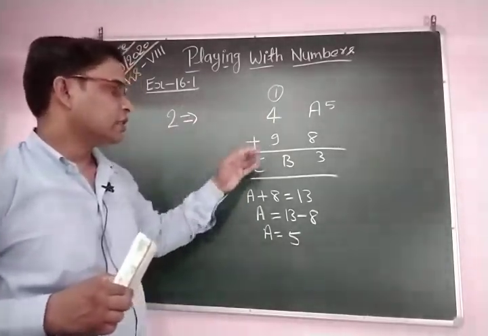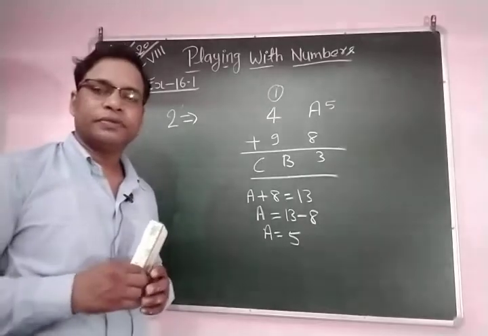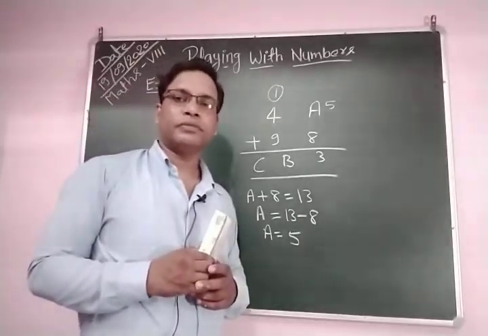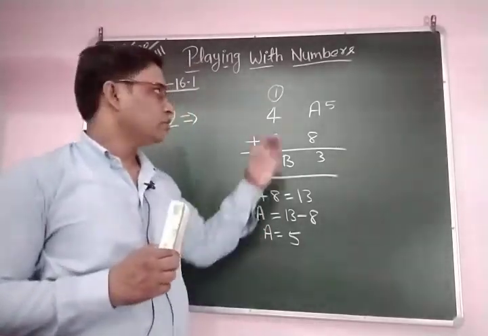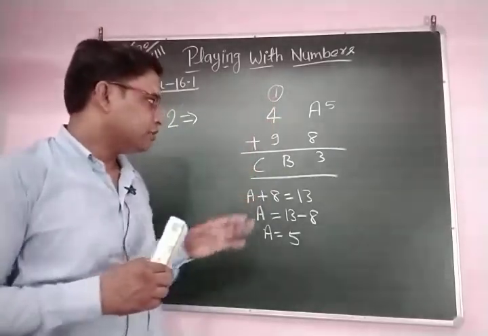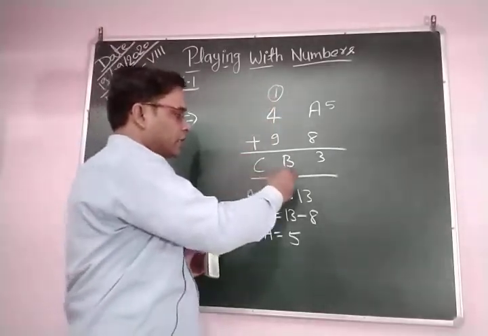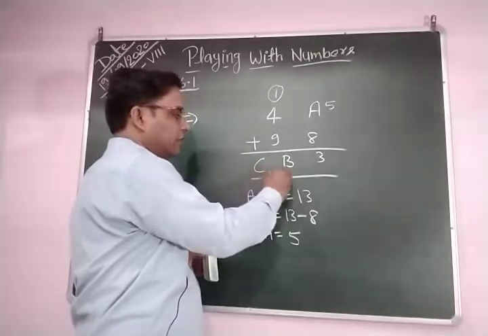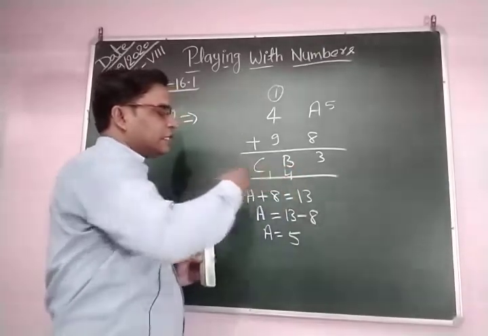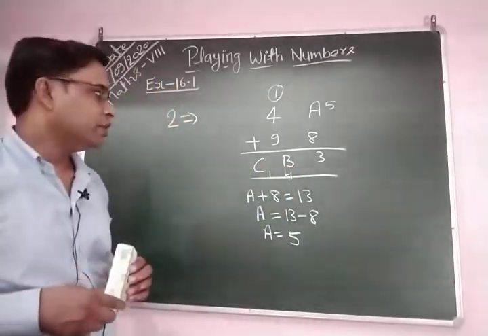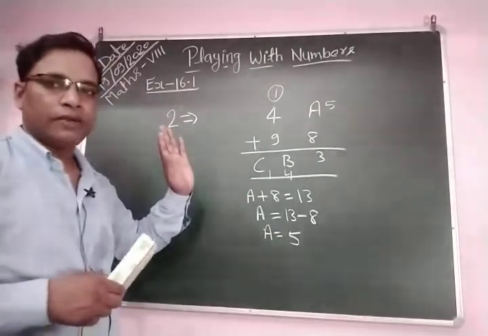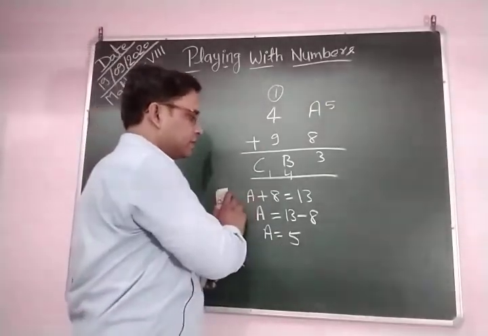What is this? This becomes 9 plus 4, 13. 13 plus 1, 14. It means that we write here 14. So 14 means here 1, here 4. So you can see here the value of C is 1, the value of B is 4, and the value of A is 5. So let's see.